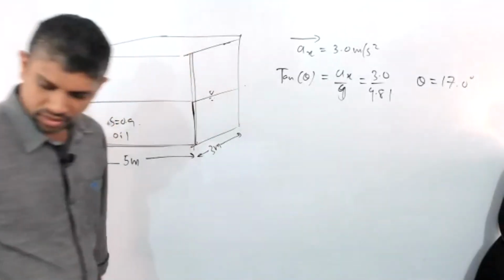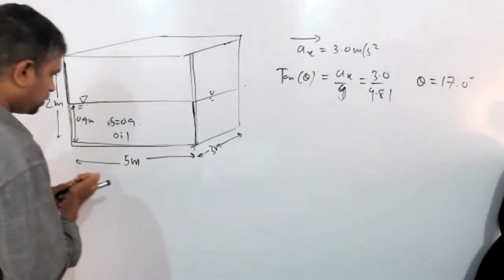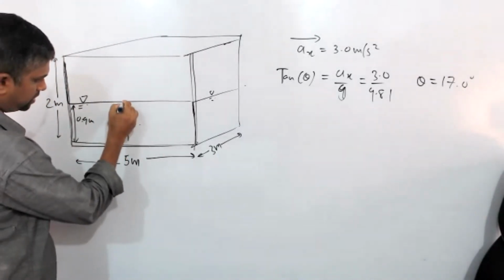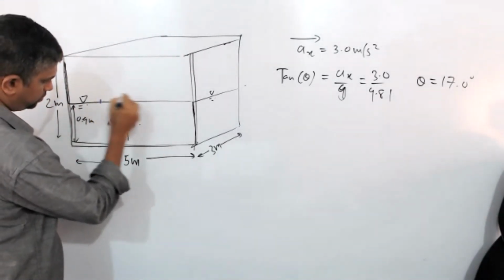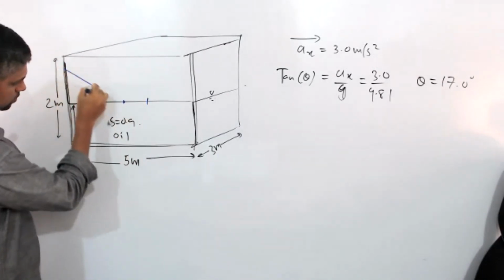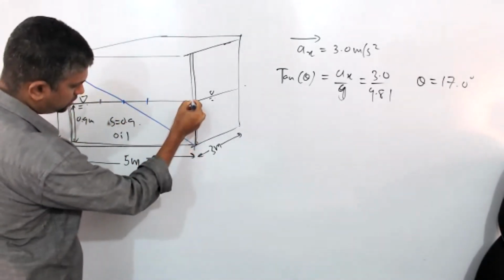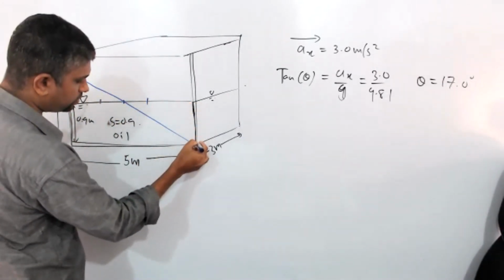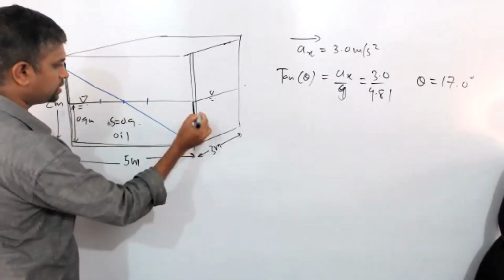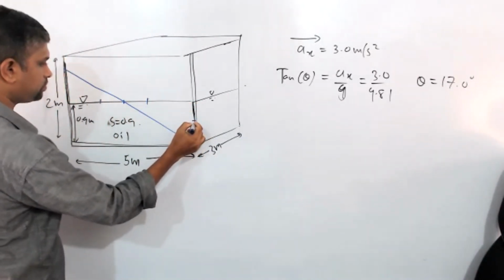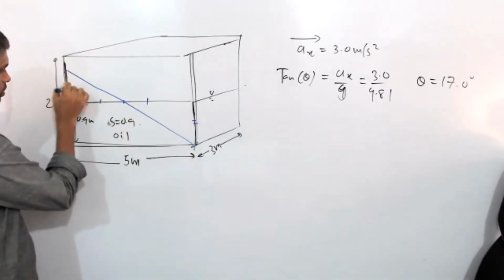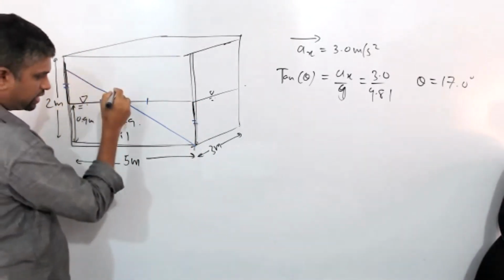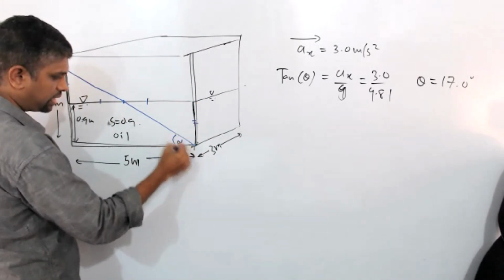If you calculate this angle, this is the midpoint. When the free surface is at the bottom of the front end, this is 0.9 and from here it is also 0.9. Then you can calculate this limiting angle alpha.